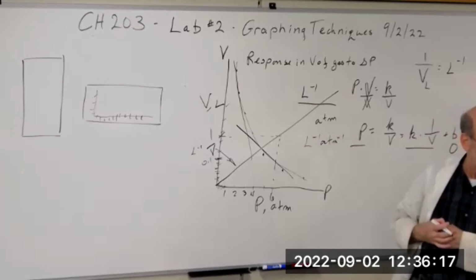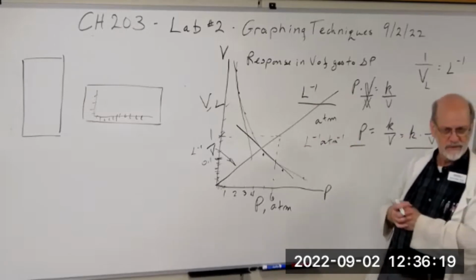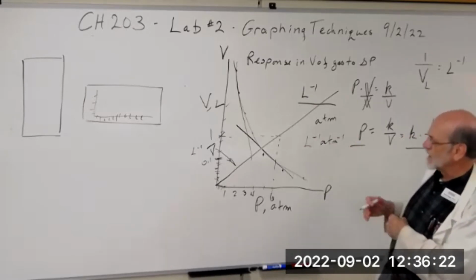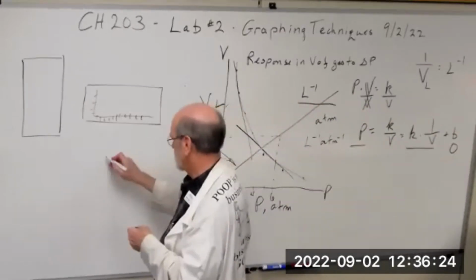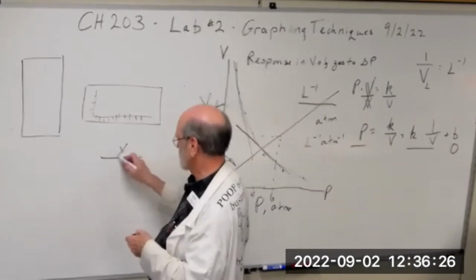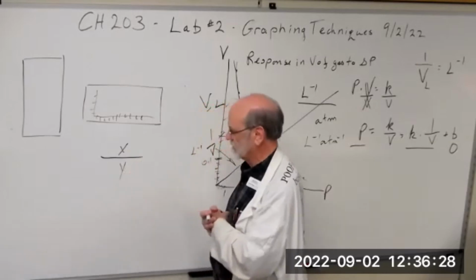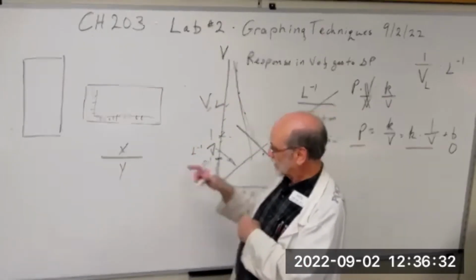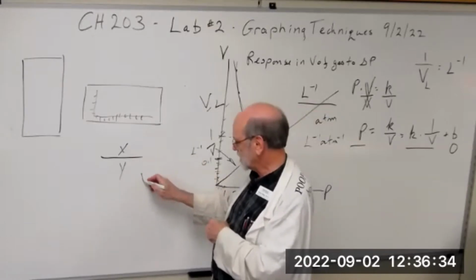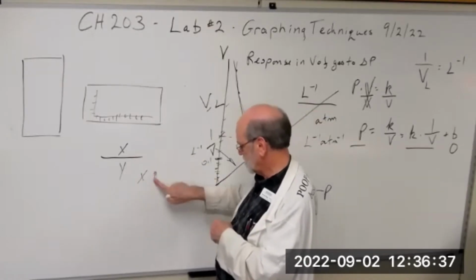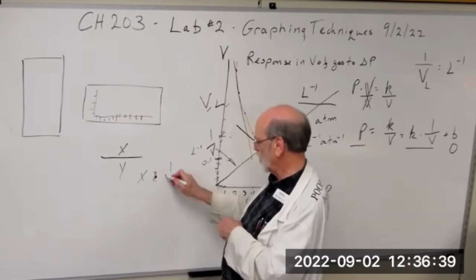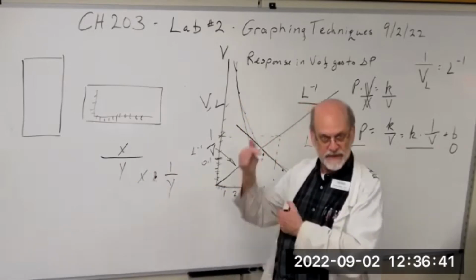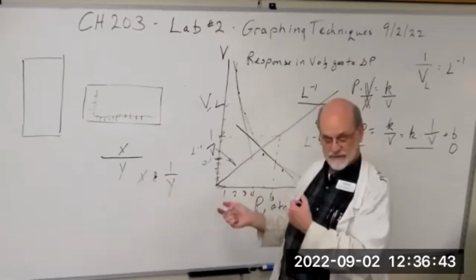Does that throw anybody for a loop? It's like, what's a fraction worth? This is the same thing as x times 1 over y, correct? We did that before.